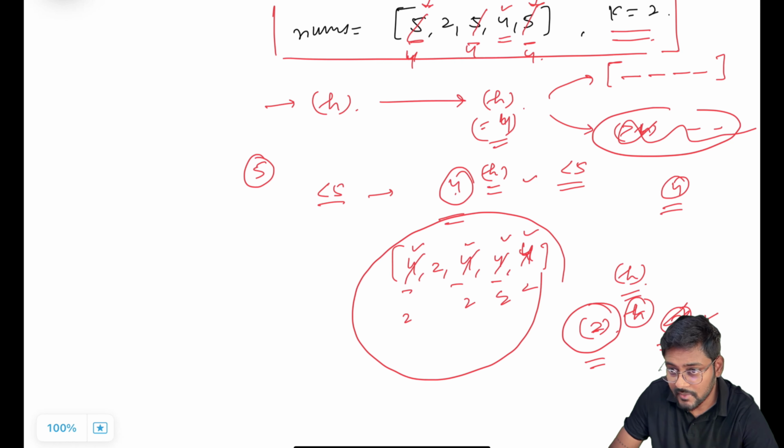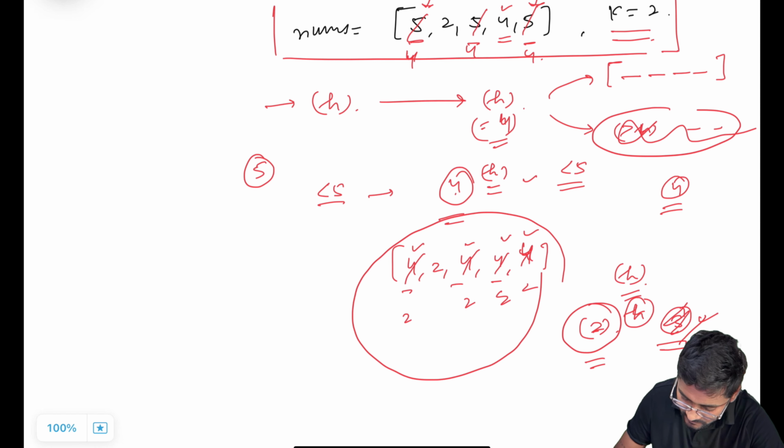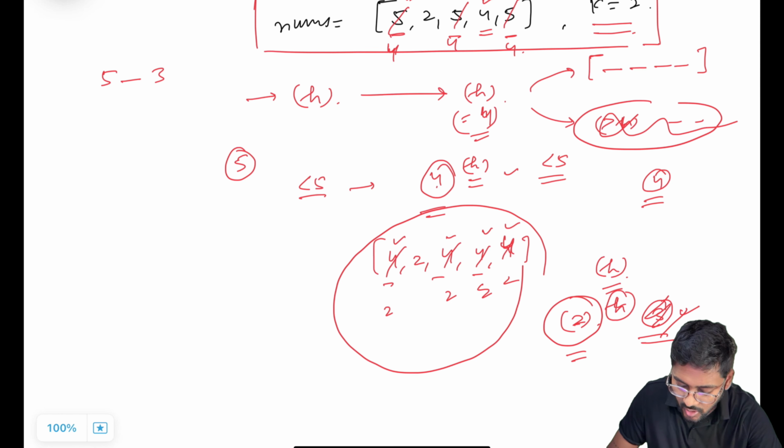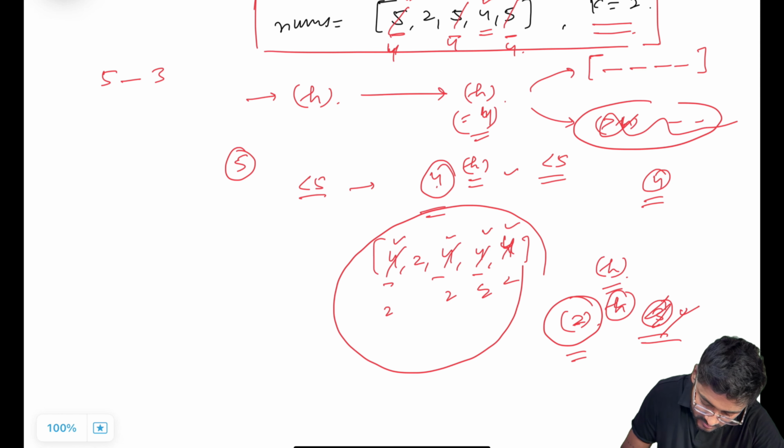Why second largest? Because there should be only one element which is greater than that, and that one element can come multiple times. So if we are only concerned about 5 only one time, so just capture how many times 5 is coming, and then second element is 4. 4 is coming one time, 2 is coming one time.